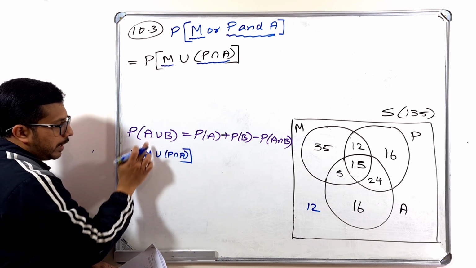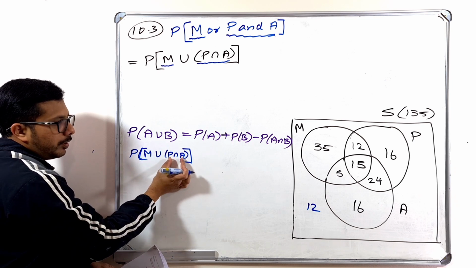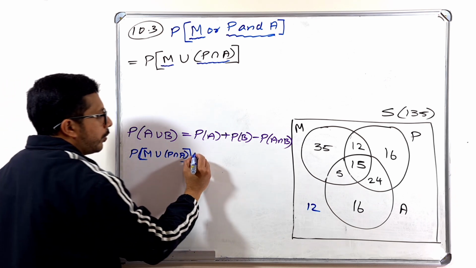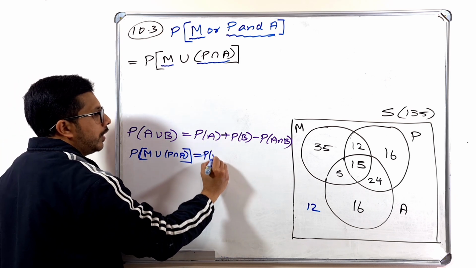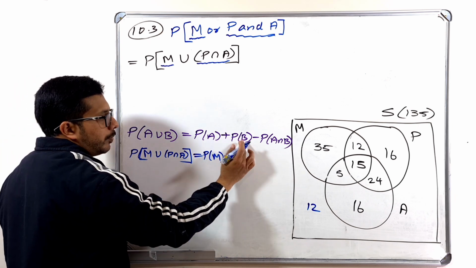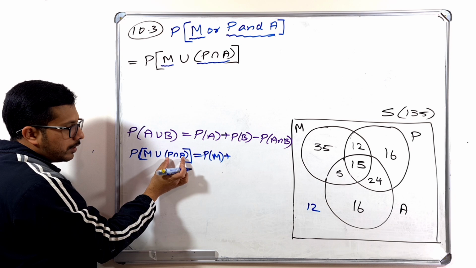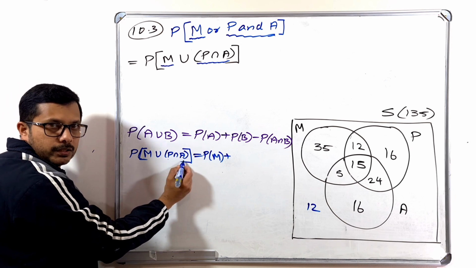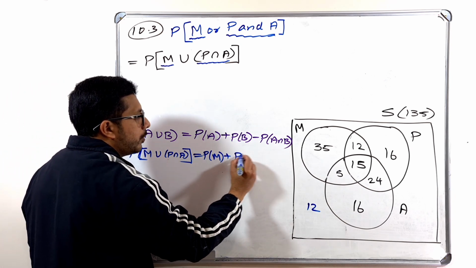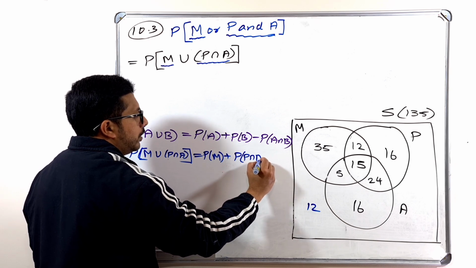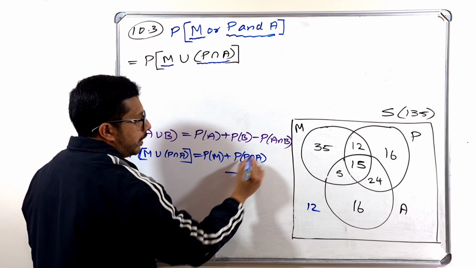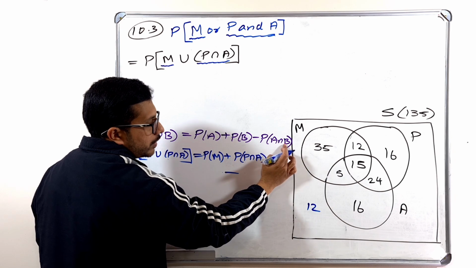So this A is M, this B is P intersection A. So probability of A, here it is M, so it is probability of M plus probability of B. The whole of this thing is our B. Am I right? So it is probability of P intersection A minus probability of A intersection B.